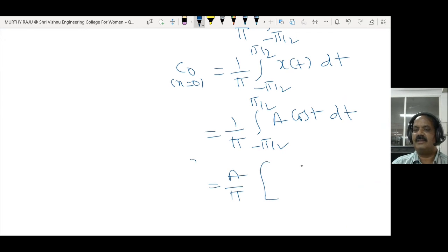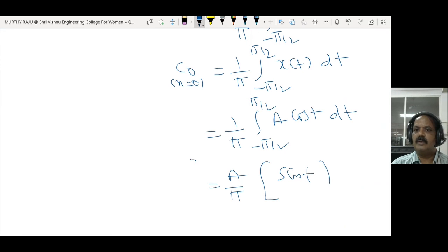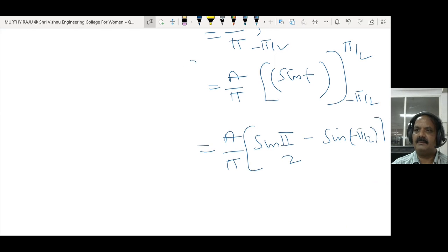Integral of cos t is sin t. Sin t from minus pi by 2 to pi by 2. That is equal to a by pi, sin pi by 2 upper limit minus sin of minus pi by 2.